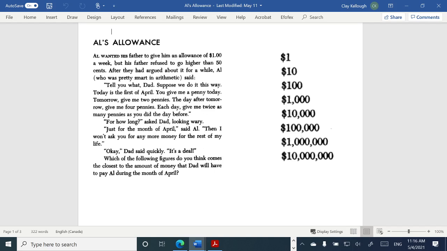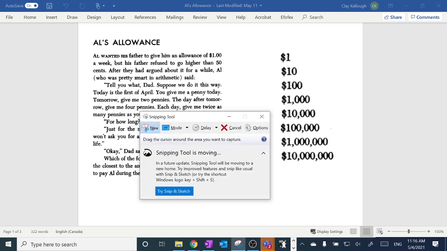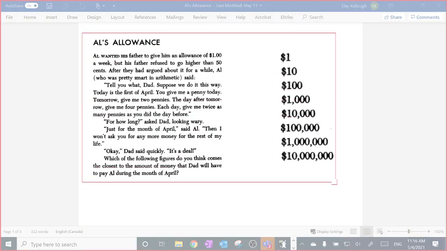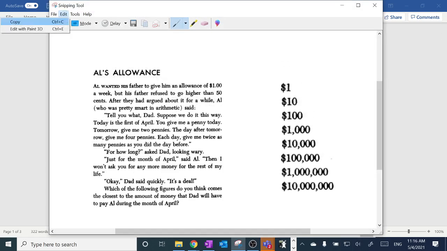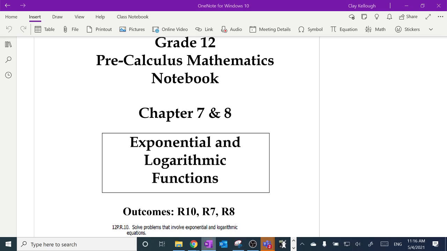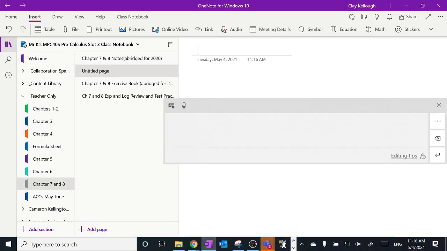Suppose I take a screen cap here. The greatest thing Microsoft ever invented, the snip tool. Copy that, and then we can go to our OneNote page, and I'll just add a scrap page.